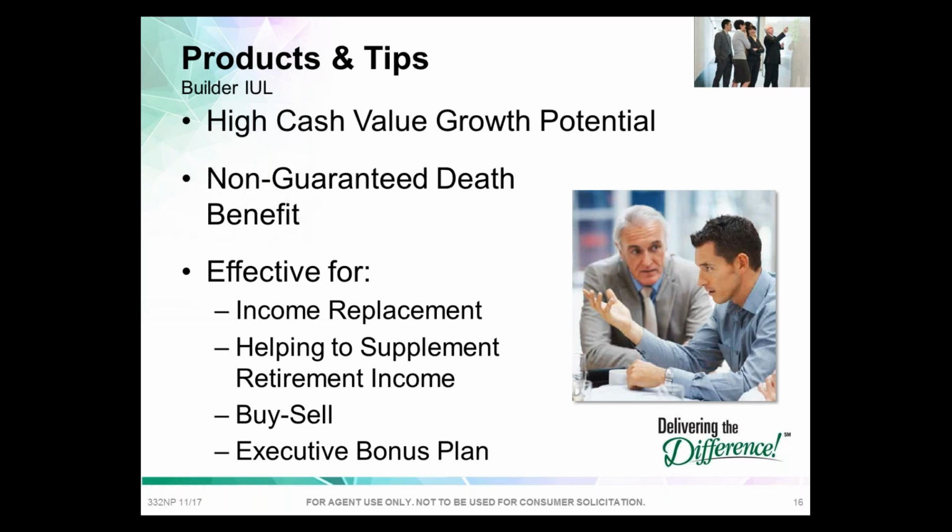You've got nice cash values that can be used as what happens if they don't die. You've got some great cash values. An executive bonus plan, kind of that non-qualified deferred comp, could also be 1035 exchanges. 1035s could really be all of these products. But these are the concepts that are probably most compelling for the Builder IUL.